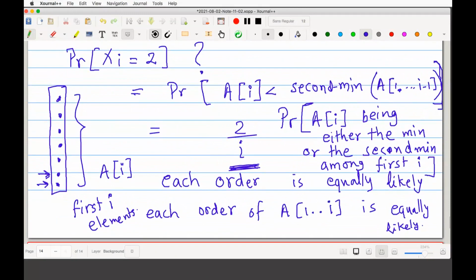I wanted to ask, is there a difference between expected running time and the average running time that we compute? Okay, so the question is whether there is a difference between expected running time and average running time. I defined what expected running time is. You will have to define what average running time is.